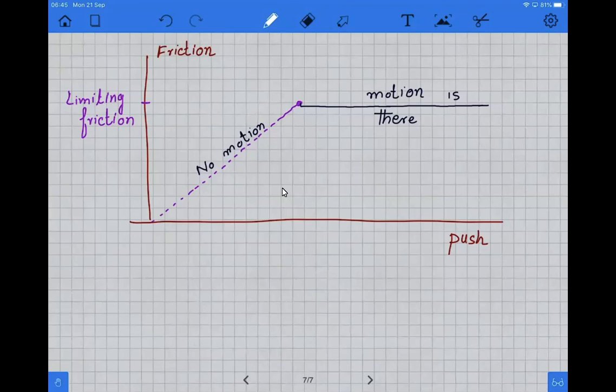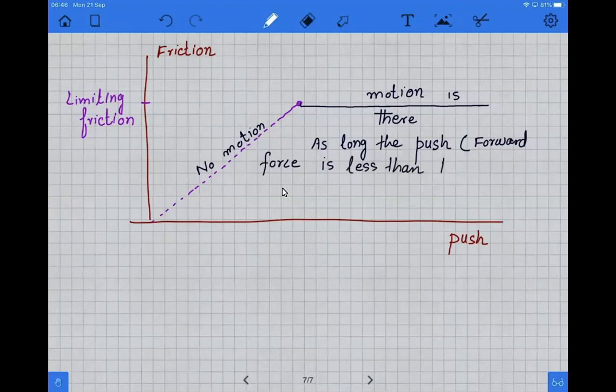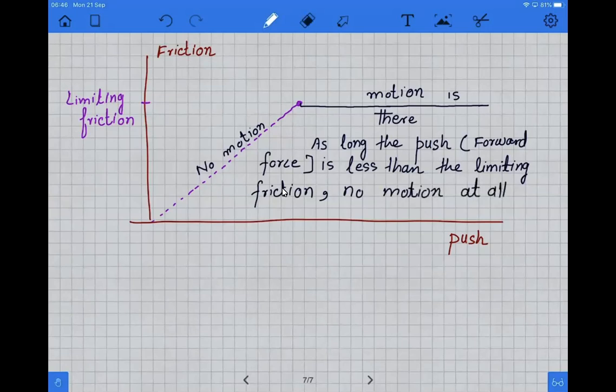So you should know that as long as the applied force, forward force, push or pull, is less than the limiting friction, there is no motion at all.